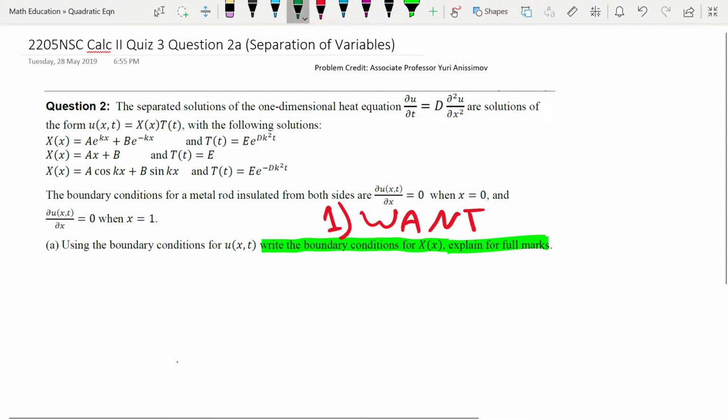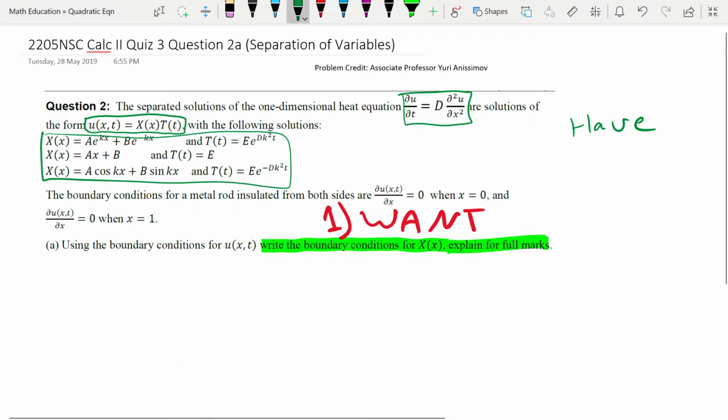So the second thing is, what do we have? We have an expression for u of x and t in terms of x and t. We have a differential equation. We might need that, we might not need that. But most importantly, we also have boundary conditions.